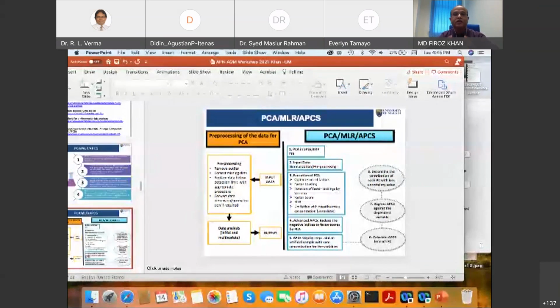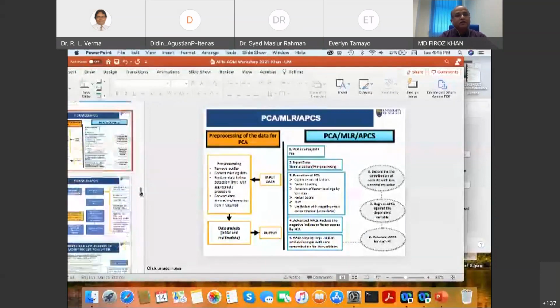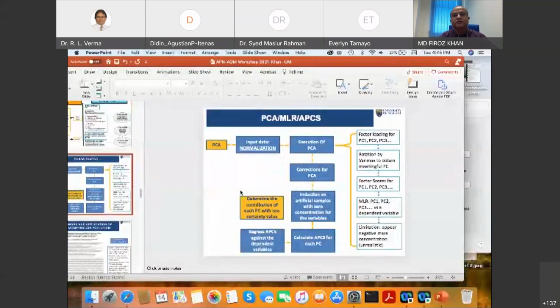You have to clean up your data, then only it will help you to produce some result with less uncertainty. It is very important for us to reduce the uncertainty. And I have inserted here one more slide for you.